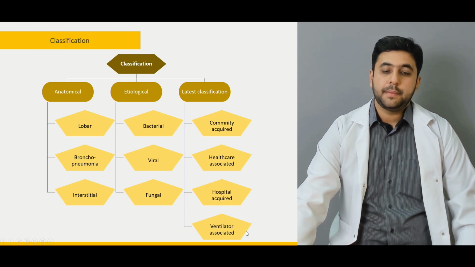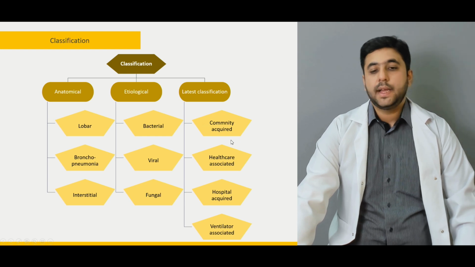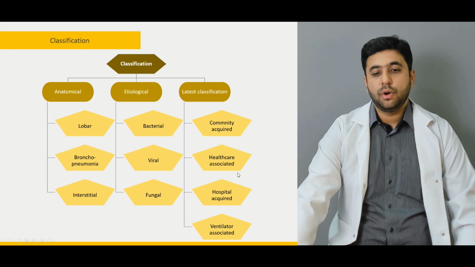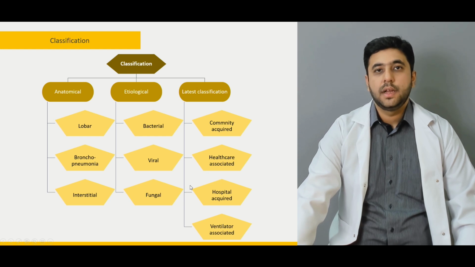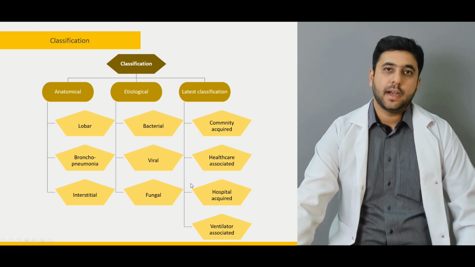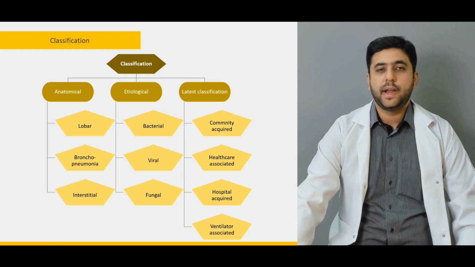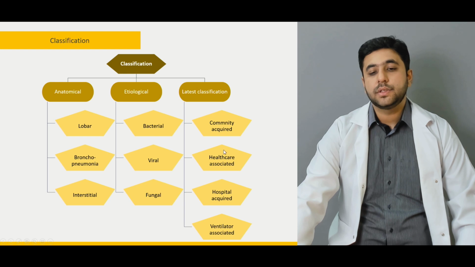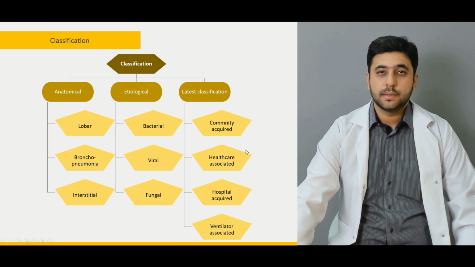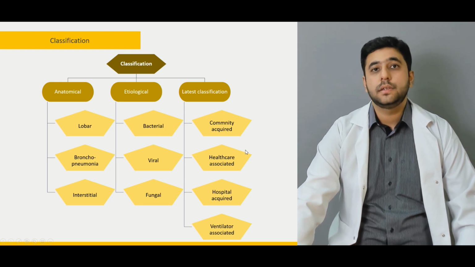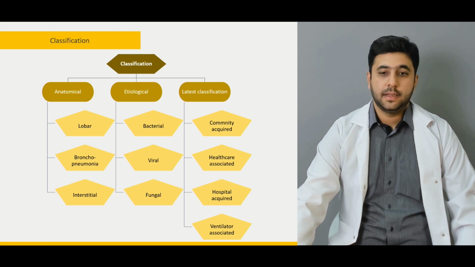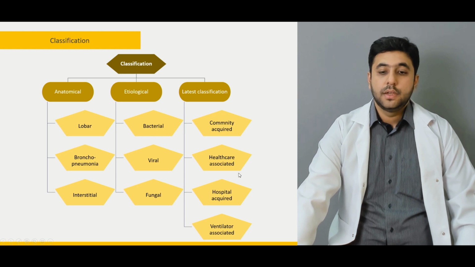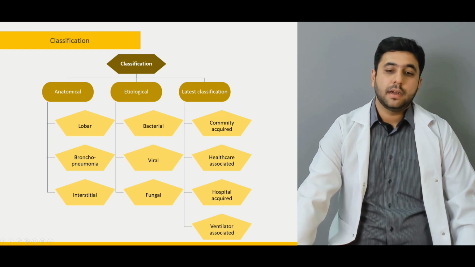By classifying them as a separate entity, what helps us is that these are majorly multi-drug resistant organisms which cause these healthcare-associated infections. For example, if a patient is admitted in the ICU for a stroke or for any other illness, and he catches pneumonia, then immediately our attention goes to the possibility that this pneumonia might be because of multi-drug resistant Staph aureus, for example MRSA or VRSA, or it can be because of multi-drug resistant Pseudomonas. So we start our empirical treatment according to that.